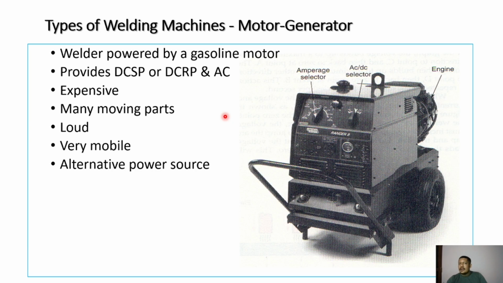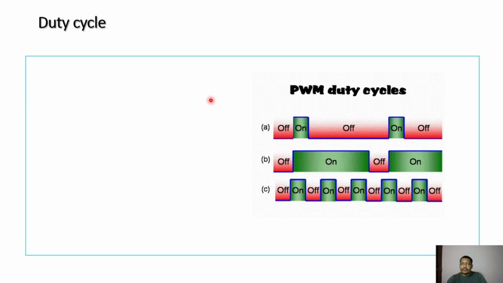This is how a welding motor generator works. You have an engine, which is the prime mover. The engine is coupled to a generator which will generate your current. You can keep a rectifier circuit to get DC SP or DC RP. So these are the common power sources which you will use in welding.